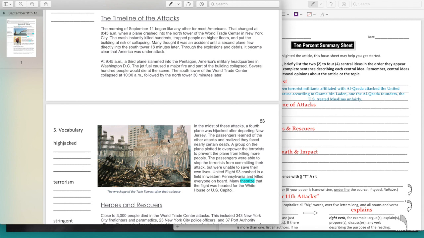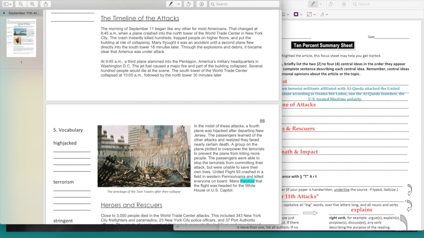So 4 planes were hijacked and crashed into 4 locations, but 3 general destinations. The first being the World Trade Center in New York City. So we had the North and the South Tower. The first one was the North Tower. At 8:45, the plane crashed into the North Tower, and then 18 minutes later, the South Tower.